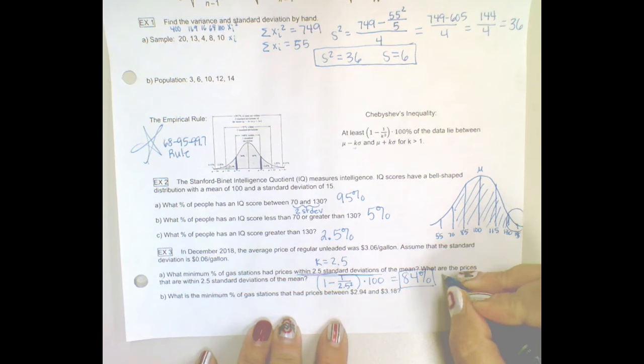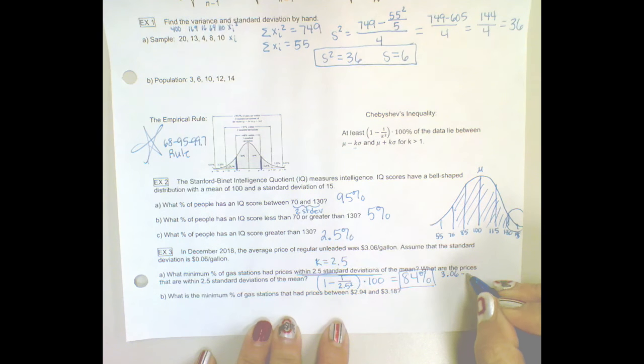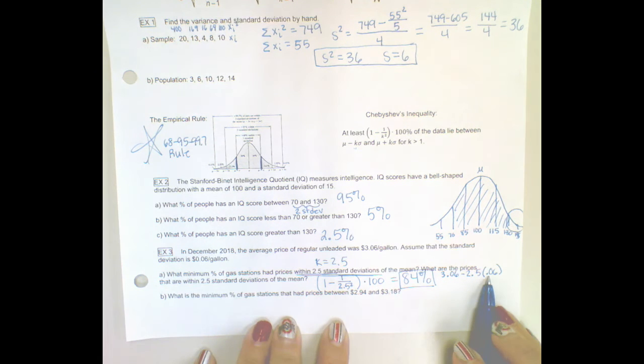So if the mean is 3.06, 2.5 standard deviations of the mean means 2.5 standard deviations below. So this represents 2.5 standard deviations. The minus means that that represents below.